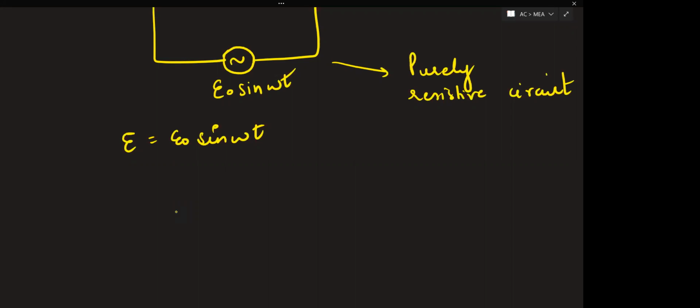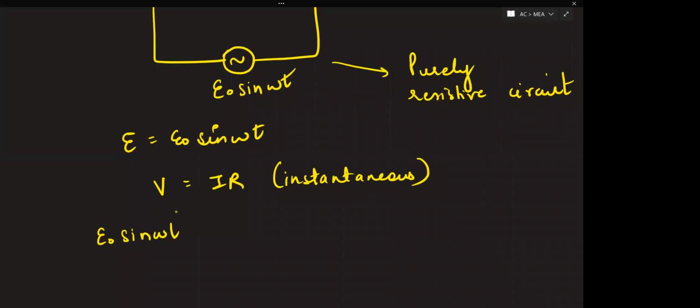Now, instantaneous EMF will be equal to what? Instantaneous potential difference across resistance. If you use V equal to IR in terms of instantaneous values, instantaneous EMF, instantaneous current and all, then instantaneous EMF is E equal to E naught sine omega t.